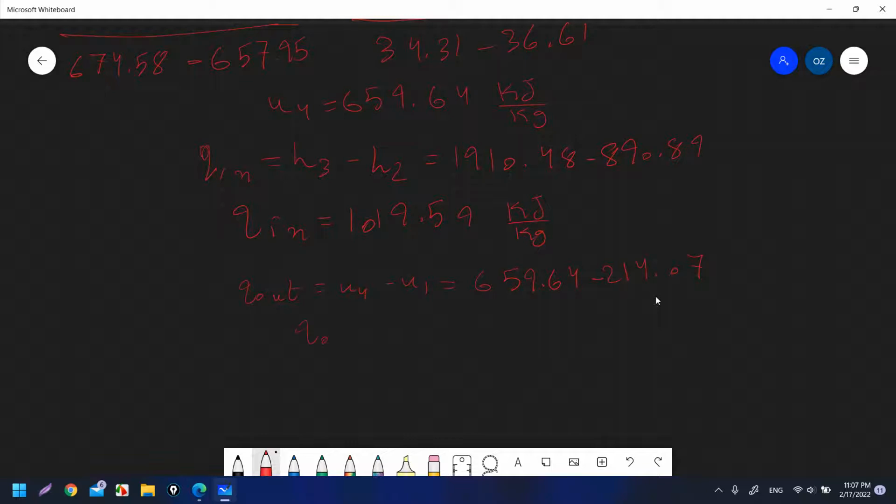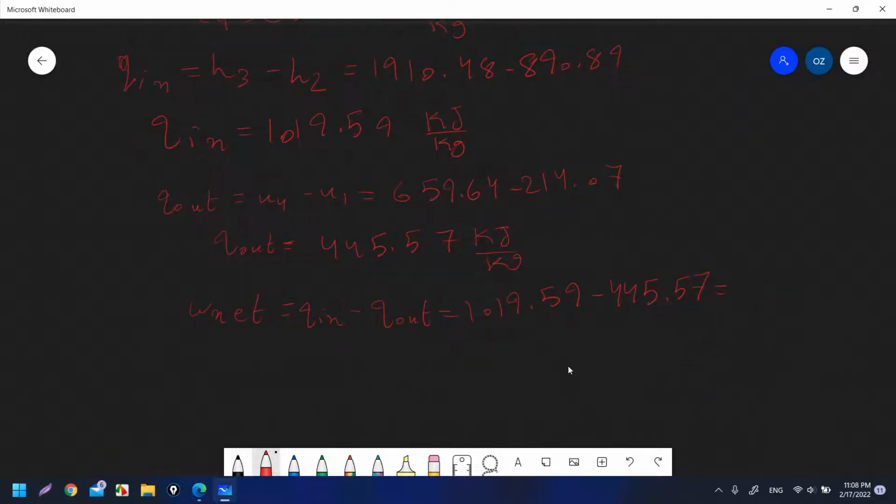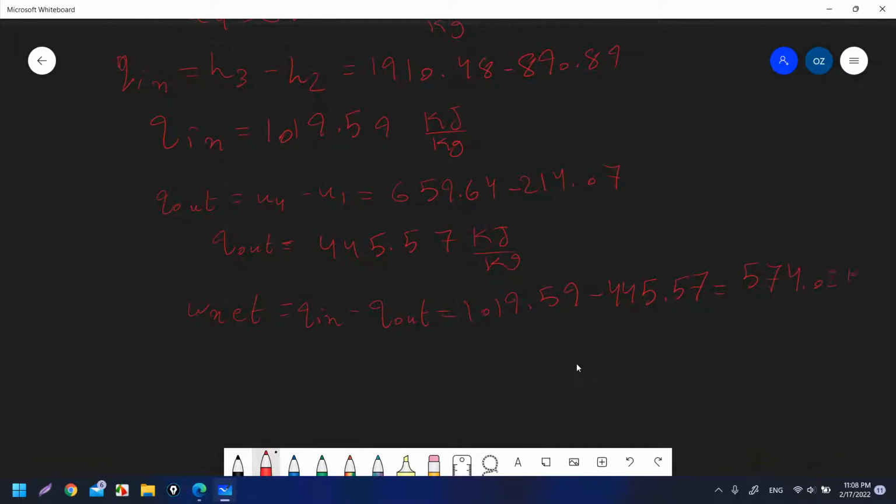So Q out is equal to 445.57 kilojoule per kilogram. Then finally we can find W net. W net equals Qn minus Q out, which is 1019.59 minus 445.57, so W net is equal to 574.02 kilojoule per kilogram.